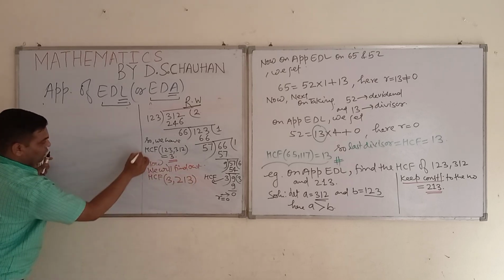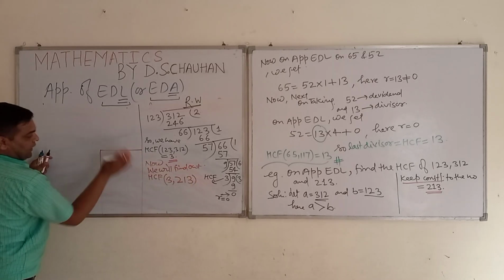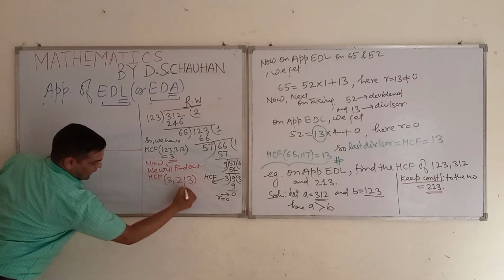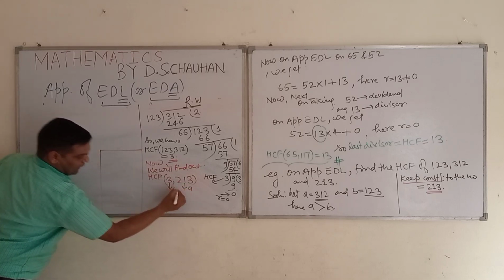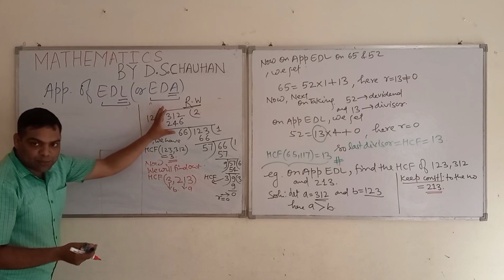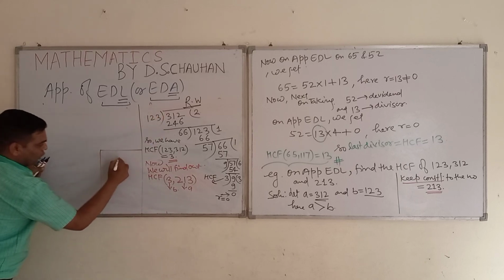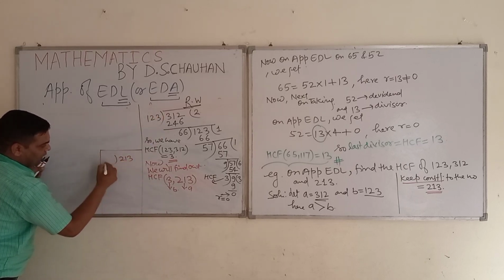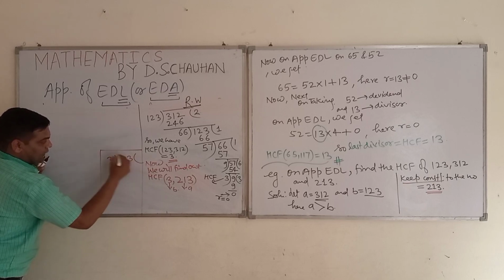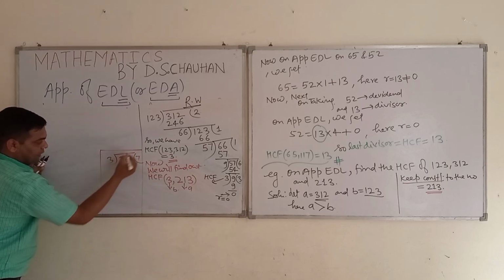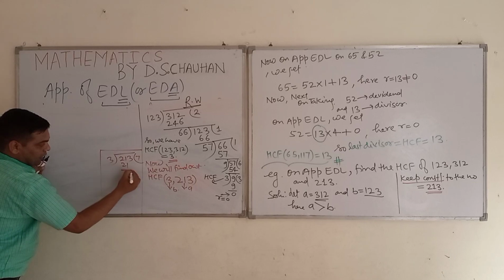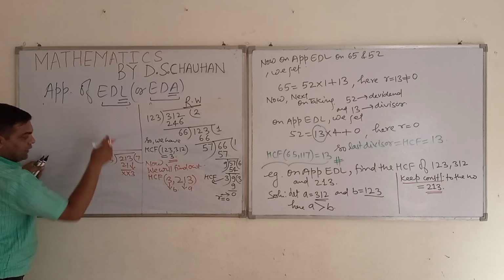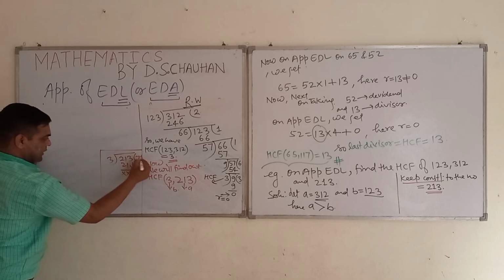Now how can you proceed, students? See it here, taking it as A and taking it as B. Keep continuing the process as we have done here. That is, 213 is going to be divided by 3. It is here 3 7s are 21. This division will run here. 3 1s are 3.